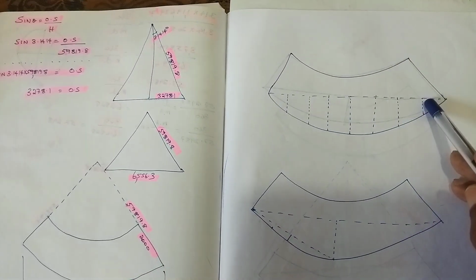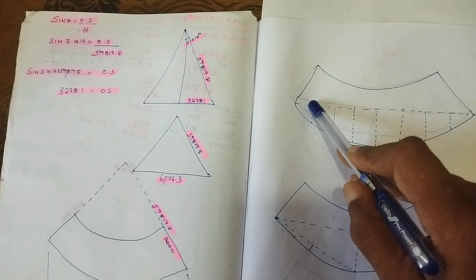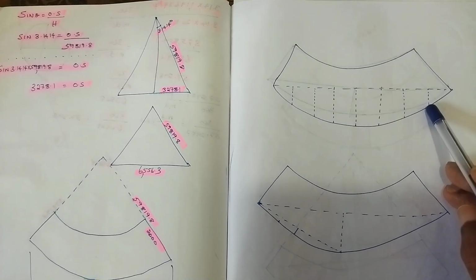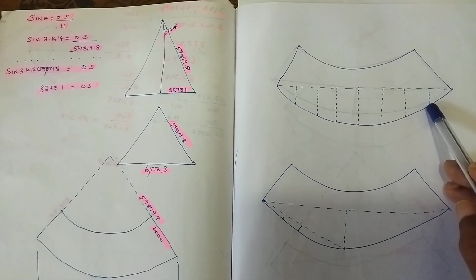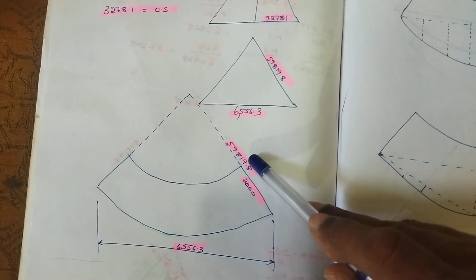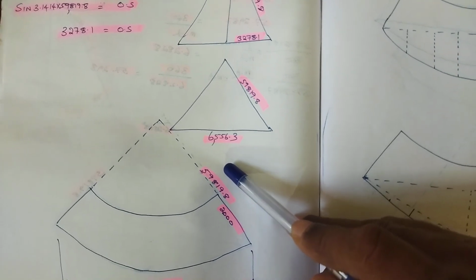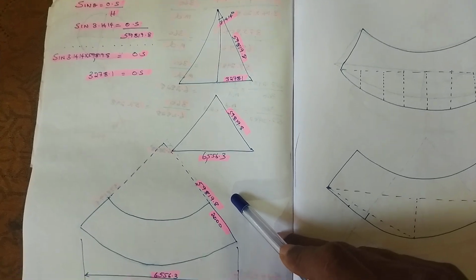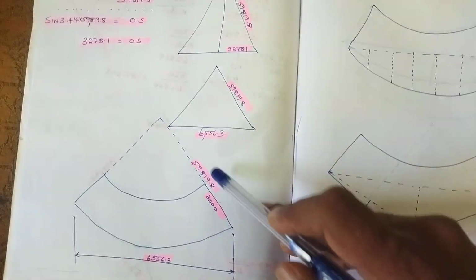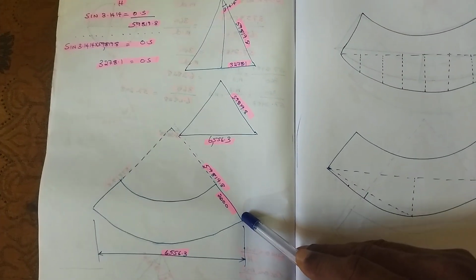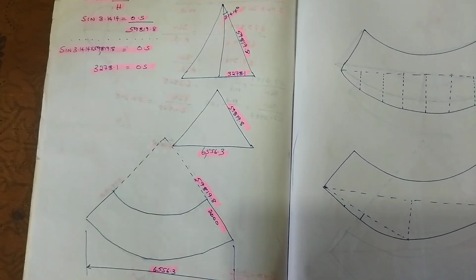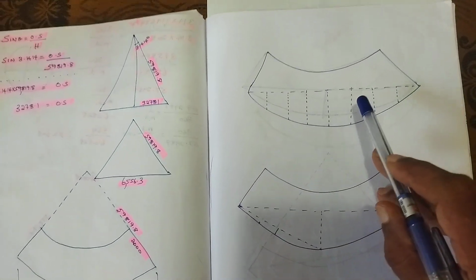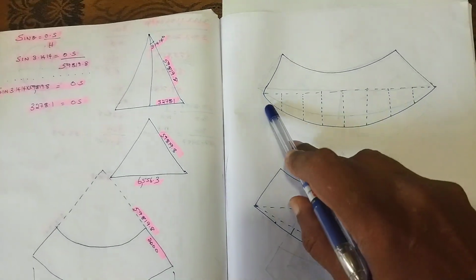Why do we make it this way? Because the radius we found yesterday was so lengthy, 59,019.8. It is impossible for us to make one compass from here to here. It is very difficult to make such a compass, and even if we made one, it won't have accuracy. So we have to follow this kind of method.